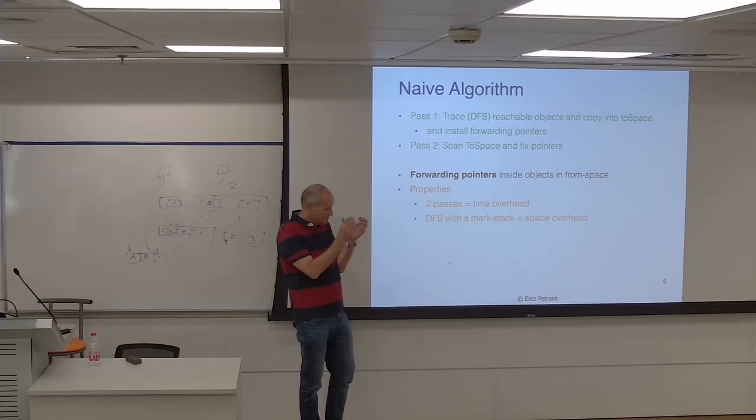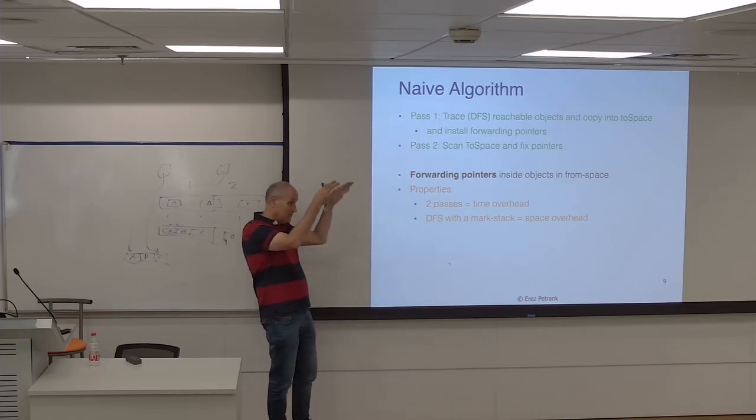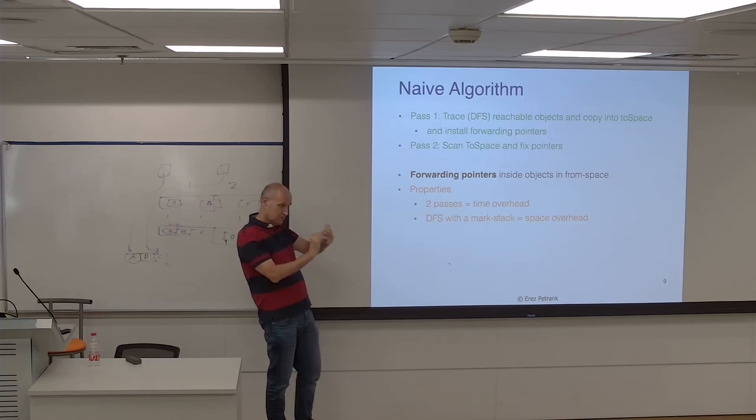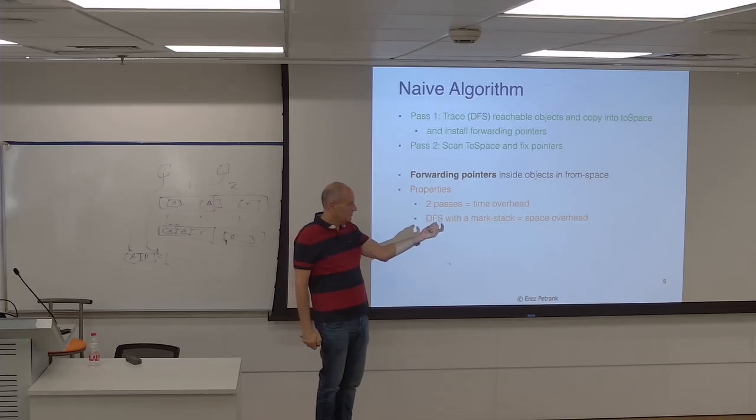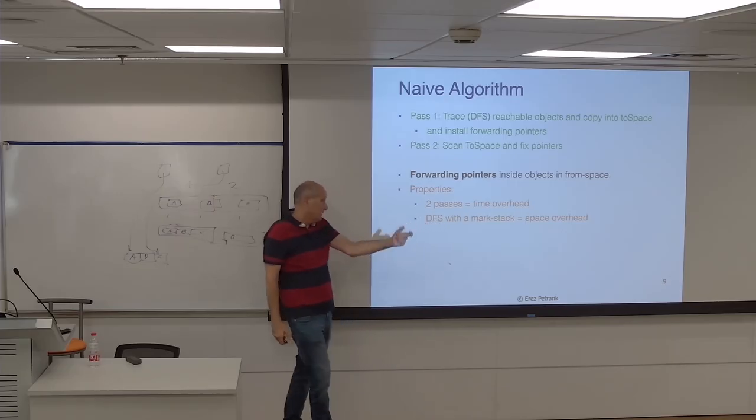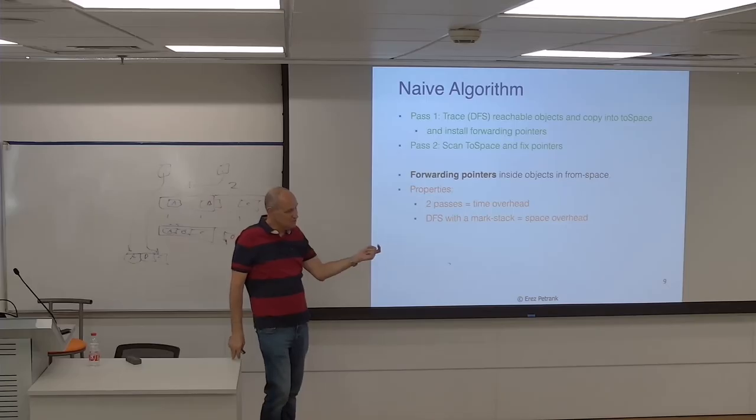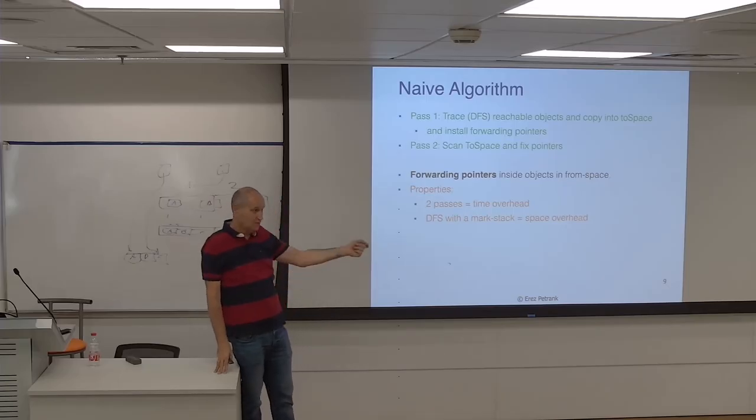Let's concentrate on a single object. I move it. I keep a forwarding pointer. Now I have to fix the pointers. I want to do it at the same time. I have a pointer. What do I do with it? How do I fix it? Maybe it's pointing to something that has not been copied yet, and then I don't know how to fix it.